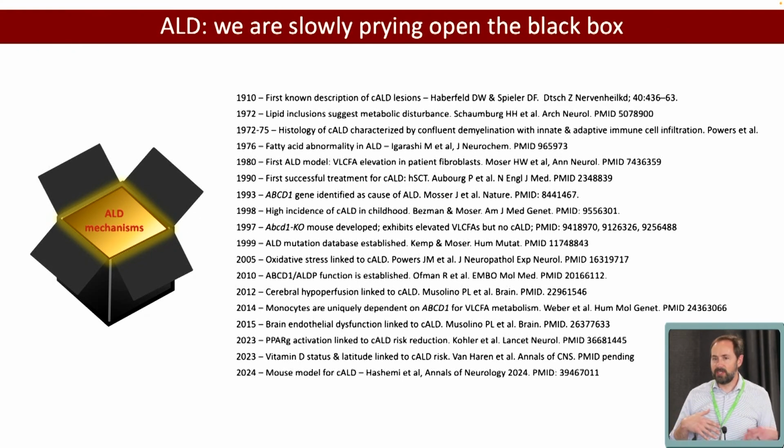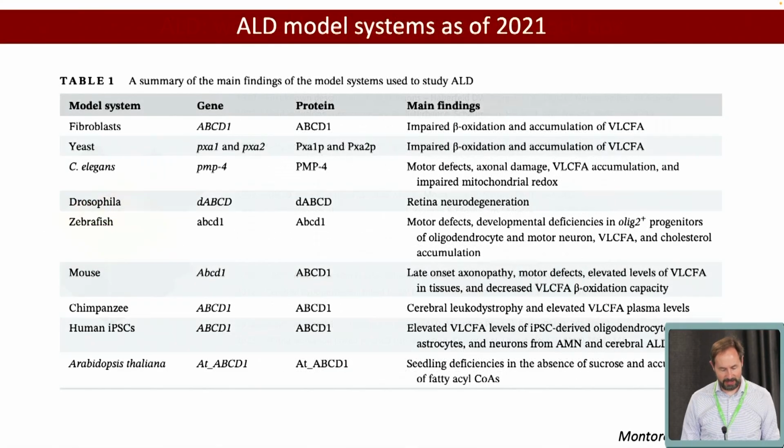Lots of people have contributed to the knowledge and progress. At each stage, we're standing on the next level of what is known, and that's certainly the case here. For cerebral ALD, it's been a steady contribution for 100-plus years. We have a number of model systems, though we mostly talk about an ALD mouse.